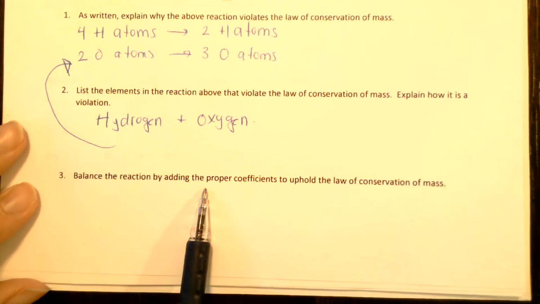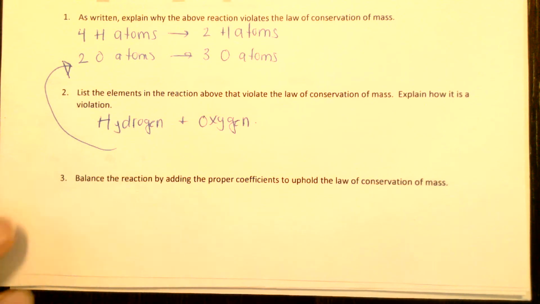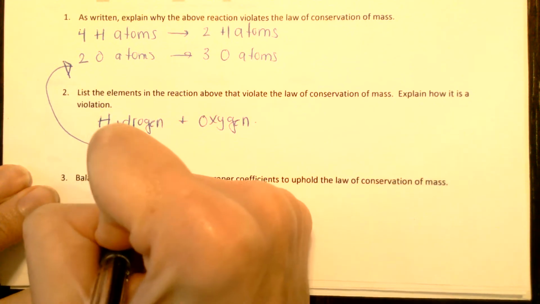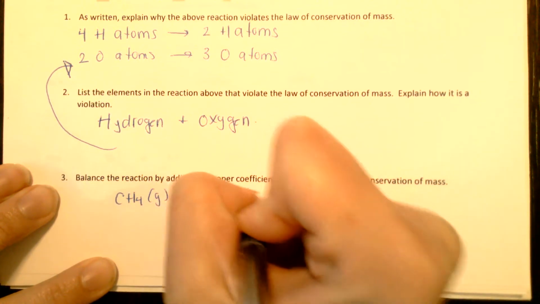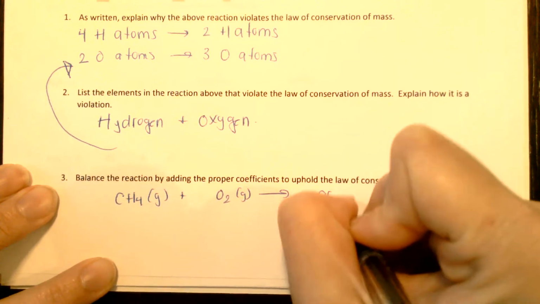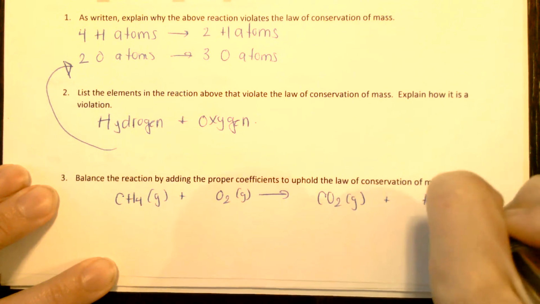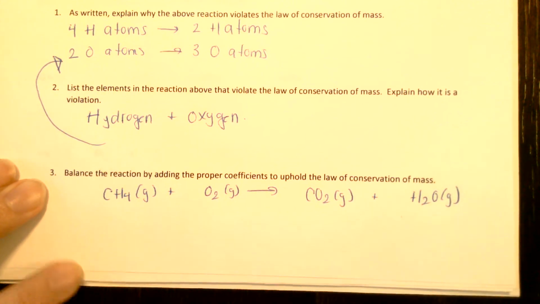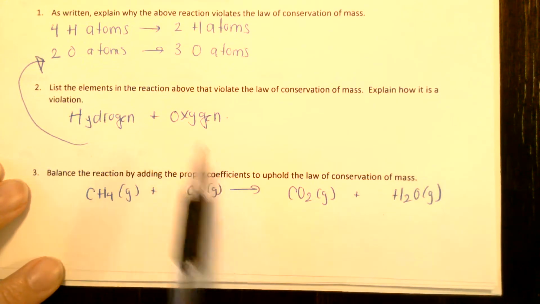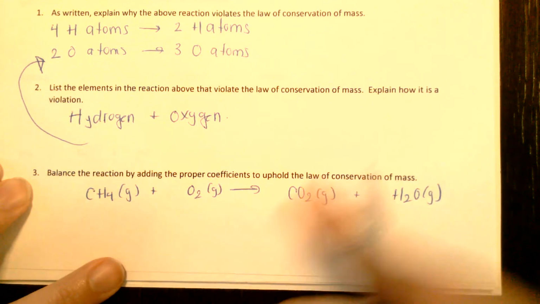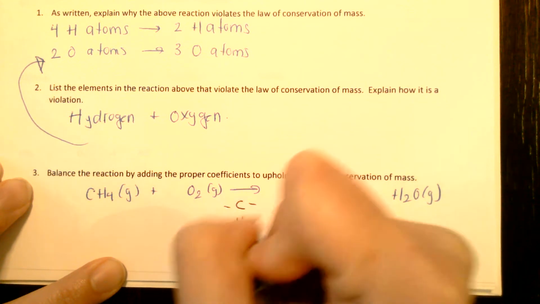So now we want to balance the reaction by adding the proper coefficients to make sure that we've upheld the law of conservation of mass. We're going to take our CH4, our O2, our CO2, and our H2O. We're going to balance this so that we have upheld the law of conservation of mass. So we have carbon, hydrogen, and oxygen.